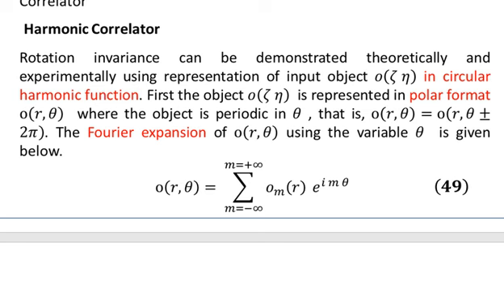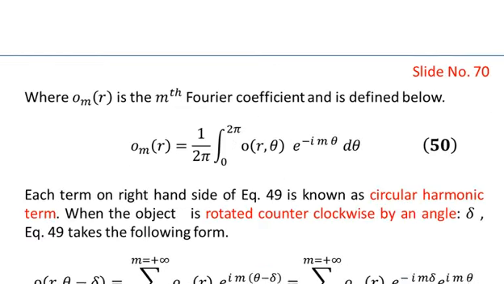We have OM as a function of r multiplied by e to the power iota m theta, where OM of r is the mth Fourier coefficient and is defined below as given in equation number 50. That is, OM as a function of r is equal to 1 over 2 pi, integral from 0 to 2 pi, and the integrand is O as a function of r and theta multiplied by e to the power minus iota m theta, and the integration is with respect to d theta.